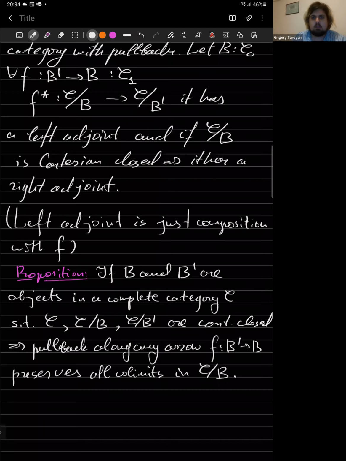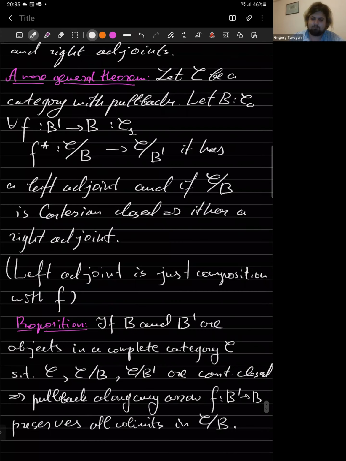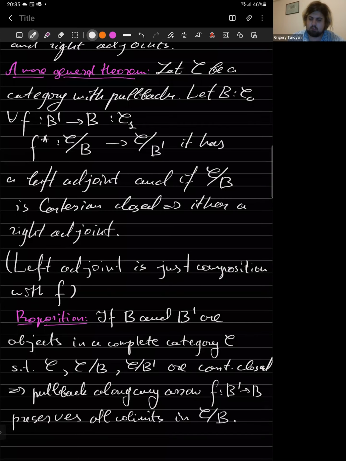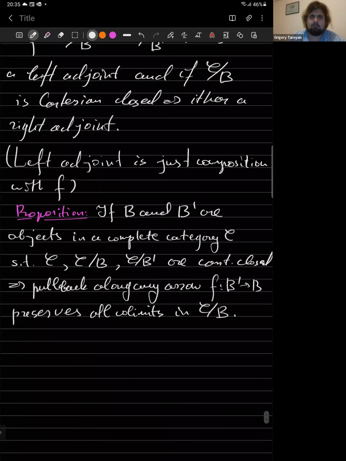So now let's try to prove this theorem, this general statement about categories with pullbacks and base change morphisms. So let's start from the following case.